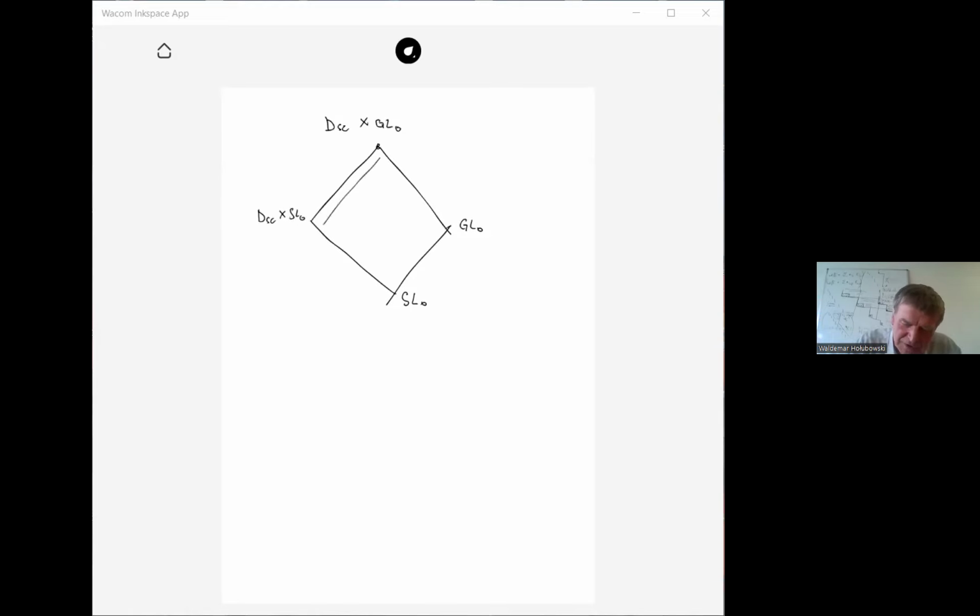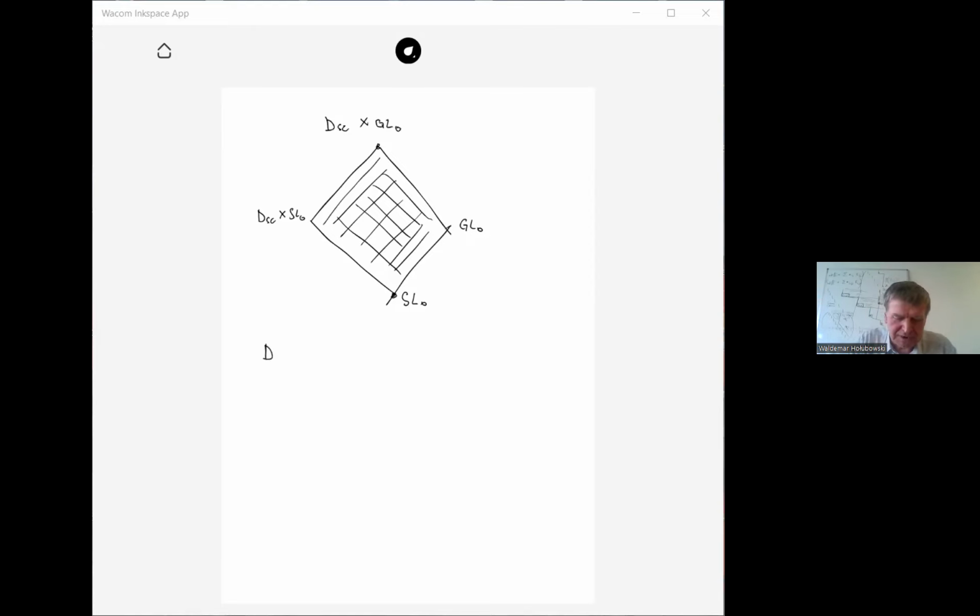And the situation in this square is different to that in the case of the algebra. Why is this a problem? The problem is in the fact that we have the following situation.